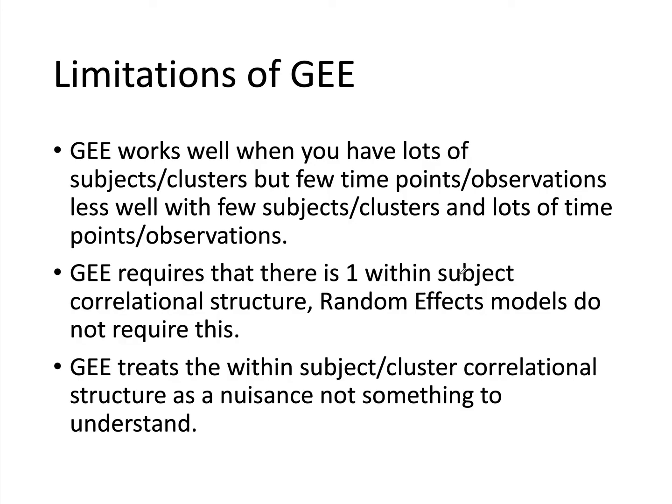Generalized estimating equations treats it as a nuisance. The fixed effects model handles it explicitly in a fixed effects parameter, and random effects is going to treat it as a distribution with a covariance structure that we're going to be able to play with a little bit as we move through the class.